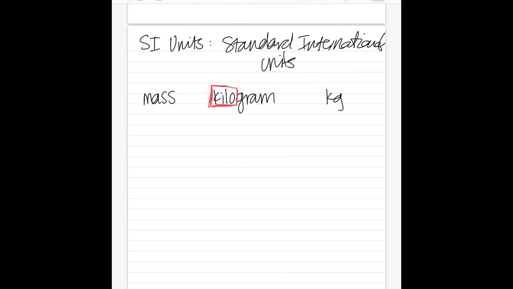All right, let's talk about another one: length. I'm not going to say distance, I'm going to say length. That's the meter, with a lowercase m. Capital M means something completely different.